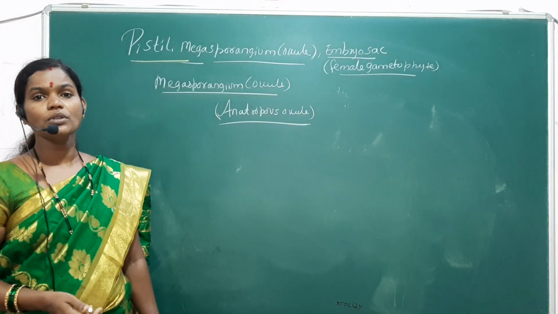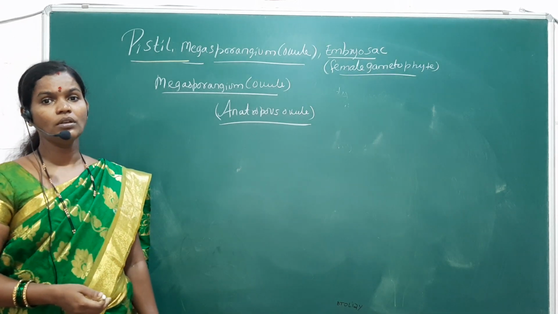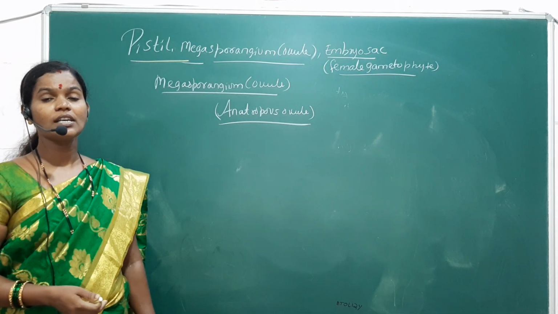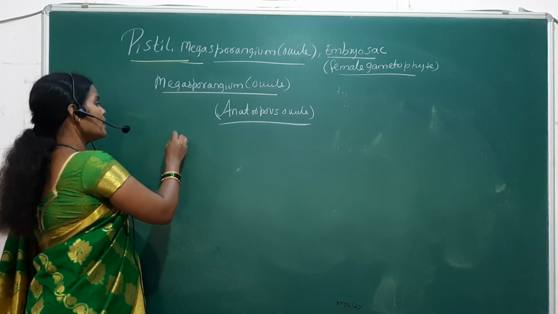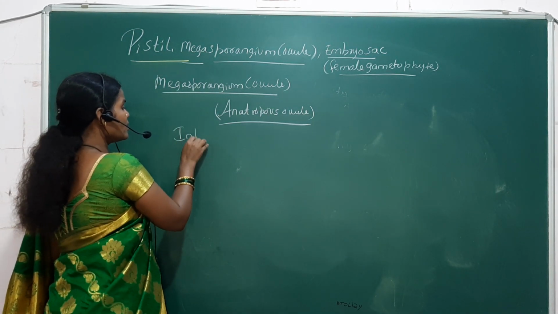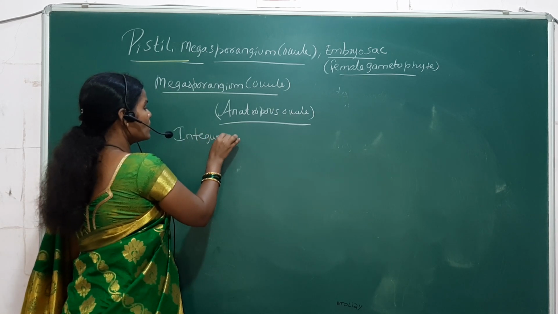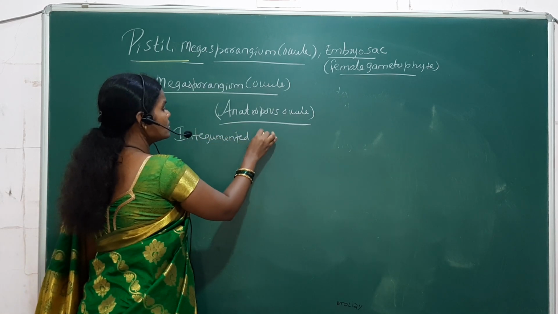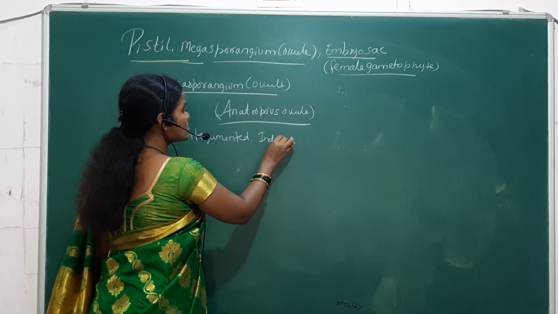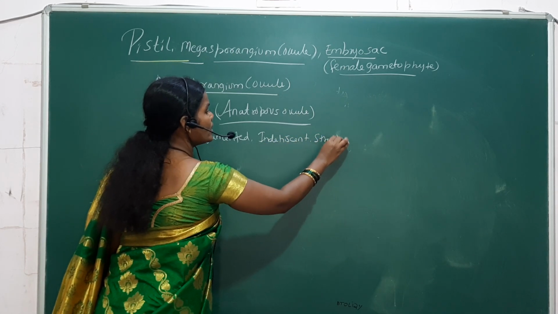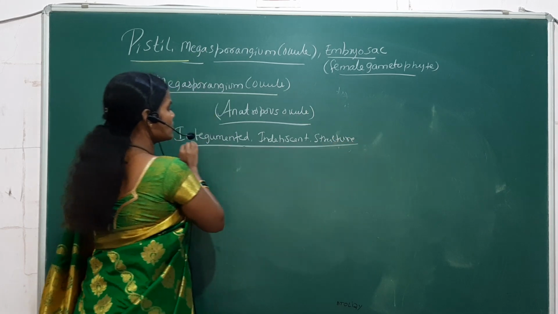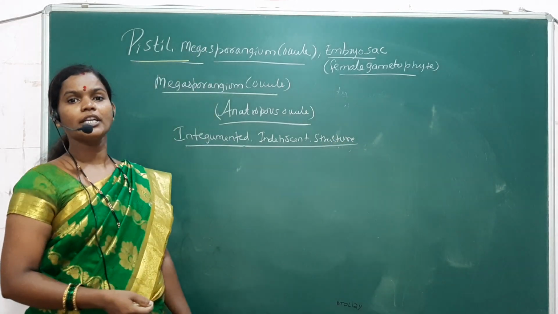So before going to the structure of the anatropous ovule, we have to see the definition of the ovule. What does the definition say? It is an integumented indehiscent structure. Integumented means what?